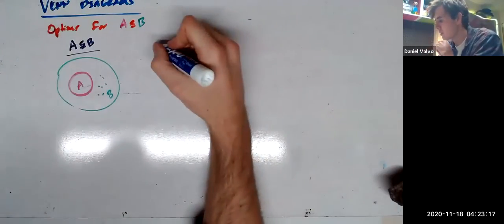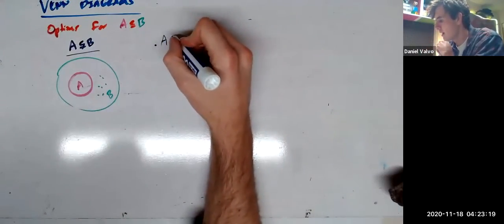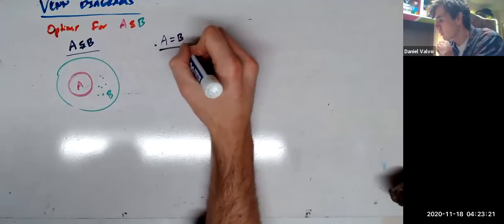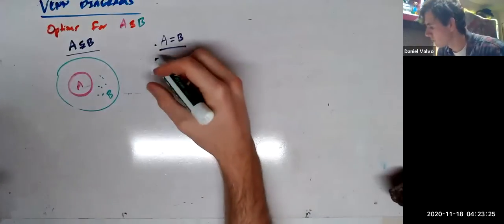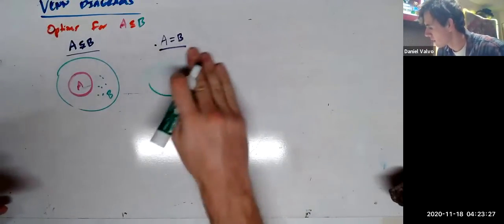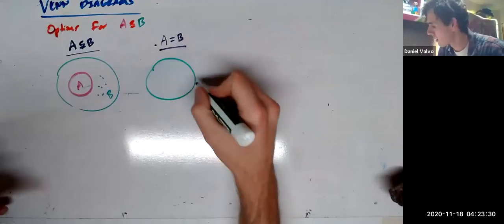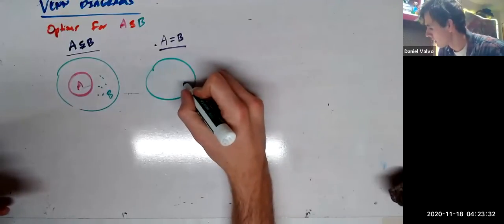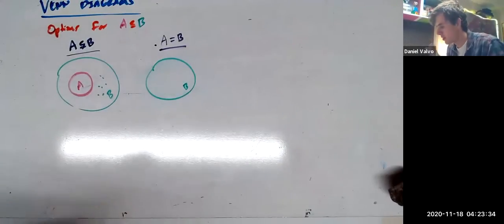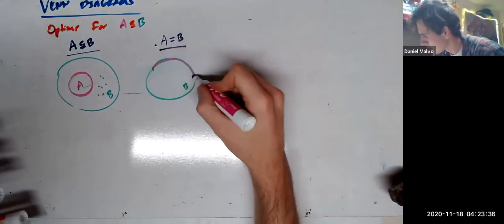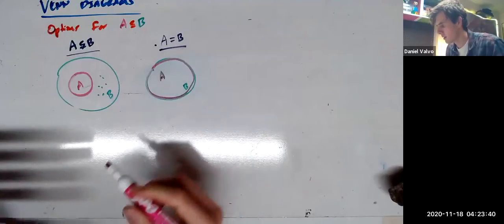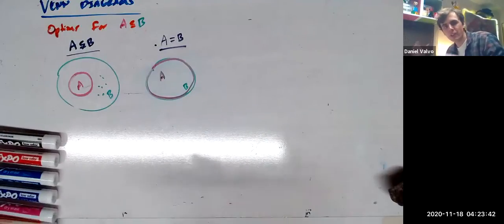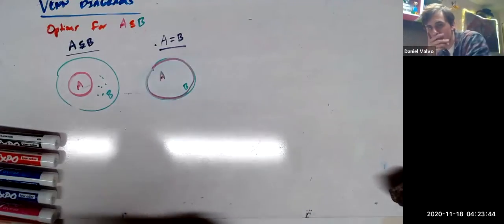But the other option would look like this, where you have A actually equals B. That's when you have B right here as some set, but then A is just right on top of it. Here, B and A are the exact same set.